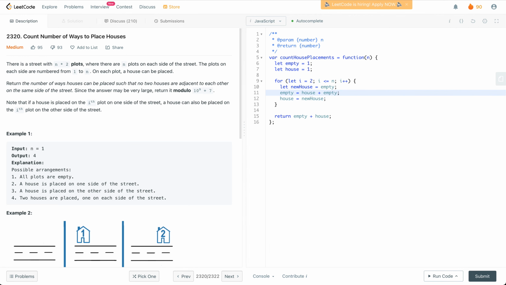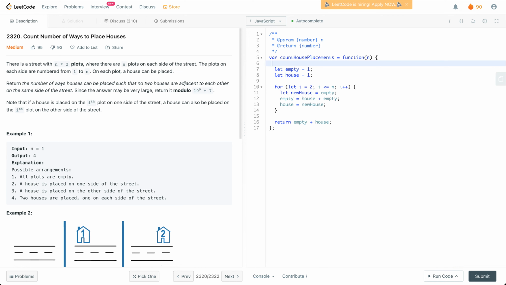Now as you can imagine, this number is going to grow very large and very early. So we want to do a modulo calculation here, and the value of mod is going to be 10 raised to power 9 plus 7. And because the final number is not just empty plus house, but this is going to be multiplied by empty plus house, both of them, right?